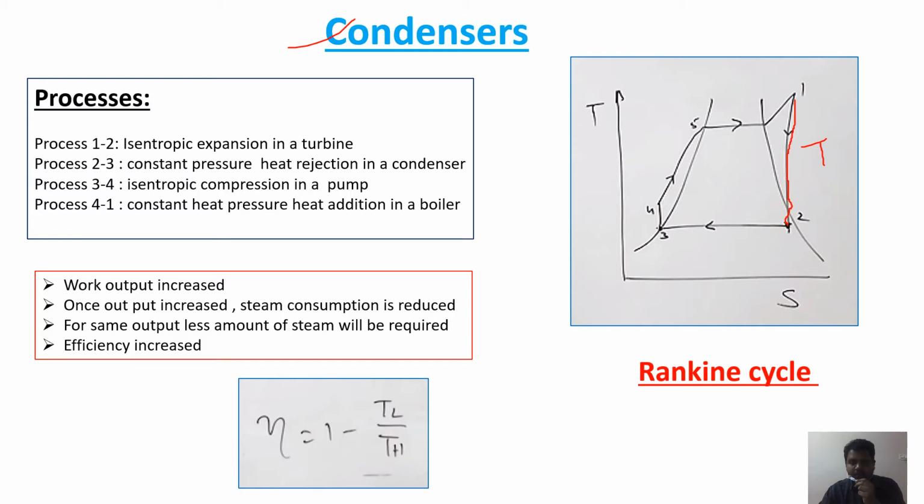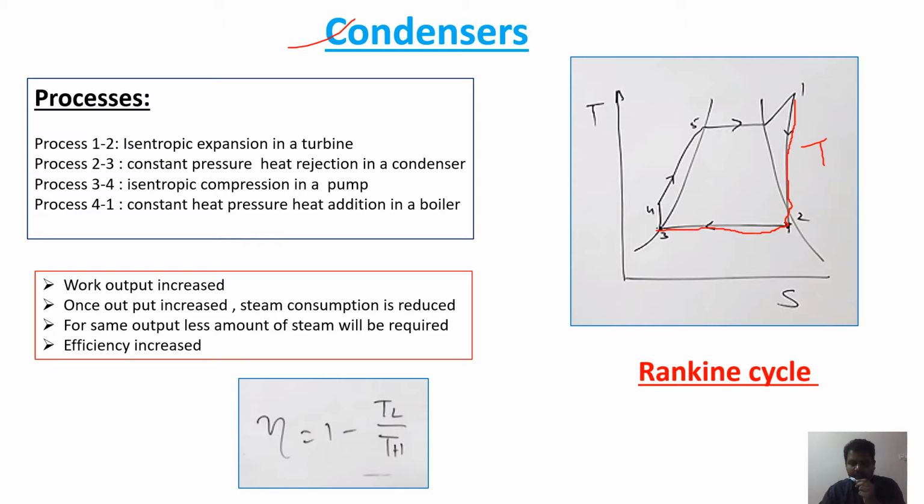After expanding through the turbine, the expanded steam we are not sending out. Instead of sending it out, we are reusing the expanded steam by passing it through the condenser.